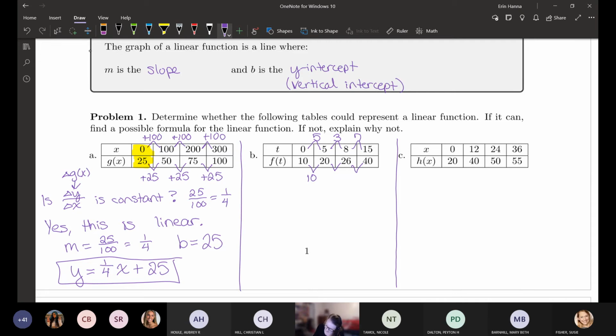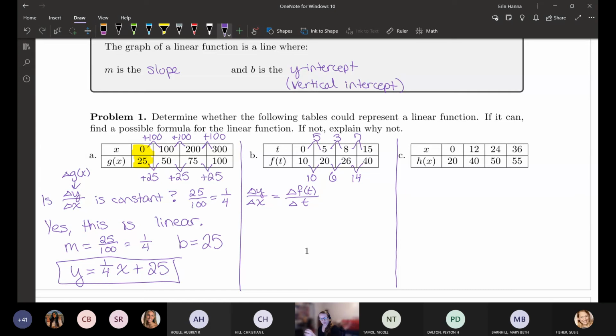From 20 to 26 would be an increase of 6. And from 26 to 40 would be an increase of 14. So we need to check our f of y, our delta y over delta x, which in this case, now I'm always going to refer back to delta y over delta x because that's usually the way I think sticks in people's heads.